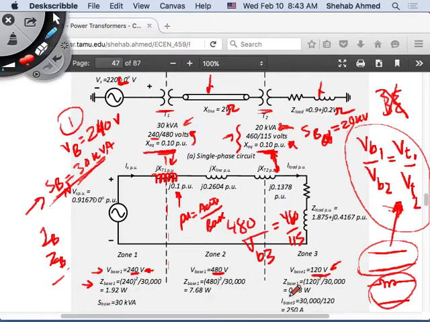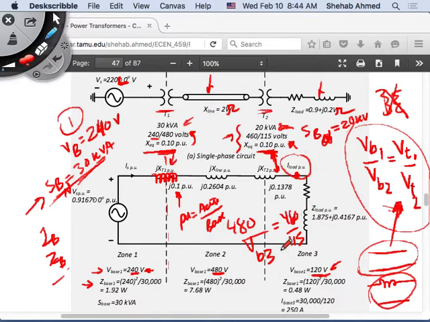You will need the base current in certain places because, for example, here, remember, if this is a per unit circuit for the system, if we calculate the load current here, it's going to be load current in per unit. If they tell you they want the actual value of the load current in amperes, what does that mean? I need to take my load current, which I calculated in per unit, and multiply it by the base current in this zone.